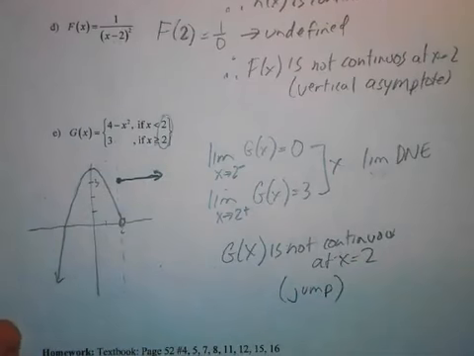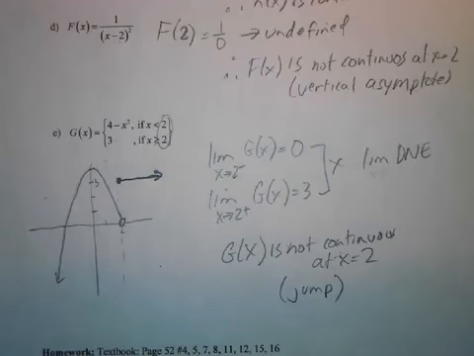Okay, so you can see this is just kind of a level above whether or not the limit exists. If the limit exists, then you can test to see if it's continuous as well. It may or may not be if the limit exists. You see in different cases.